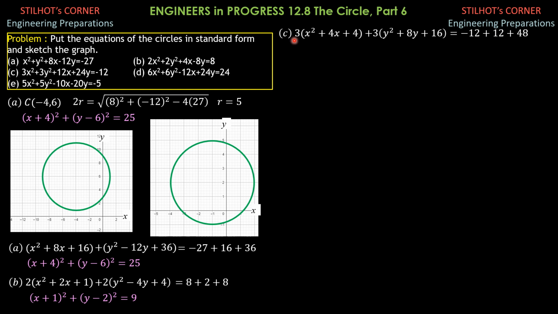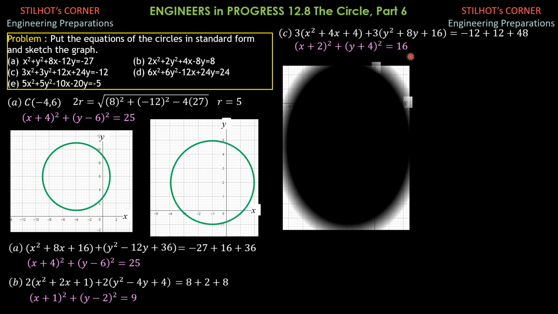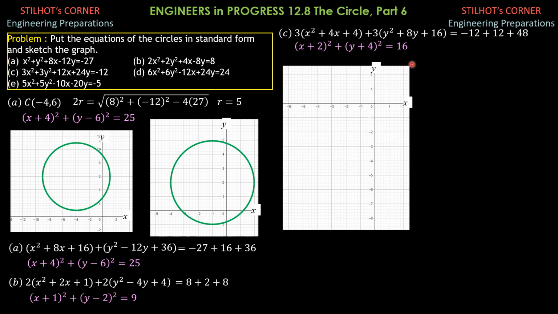16 is 4 squared. So this is (x plus 2) squared plus (y plus 4) squared equals 4 squared or 16. So the center is at negative 2 comma negative 4 and the radius is 4. So let's sketch the graph.